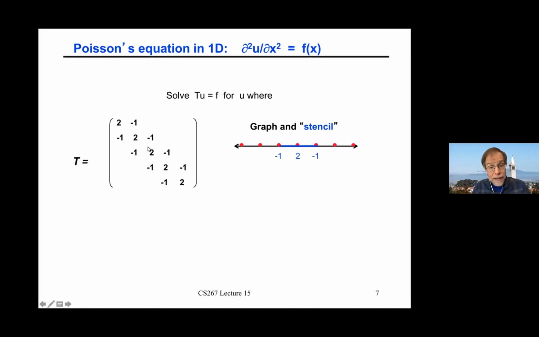And we call it a stencil to indicate that every row is the same, that to multiply a vector by T, you multiply for each value 2 times its value. That corresponds to the 2 on the diagonal, and you subtract its nearest neighbor to the right and the nearest neighbor to the left. And so that is the one-dimensional system that we want to solve, which you could just do by Gaussian elimination. It's very cheap. It gets interesting when it's higher dimensional.